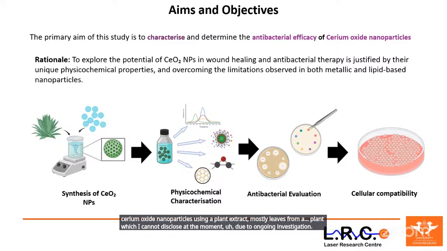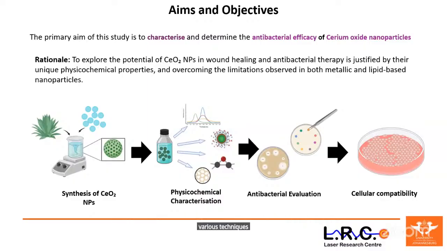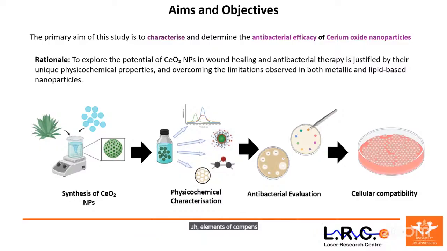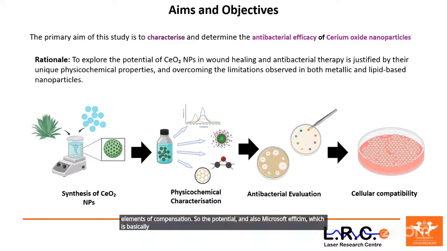From that, we were able to formulate the nanoparticles and characterized them through various techniques, including UV-Vis spectroscopy, which looks at the surface plasmon resonance, FTIR, which looked at the functional composition, zeta potential, and also FESEM, which is the morphological analysis of the nanoparticles.